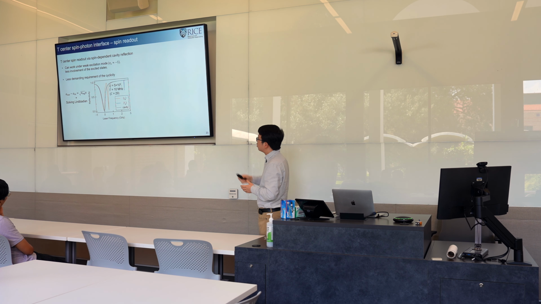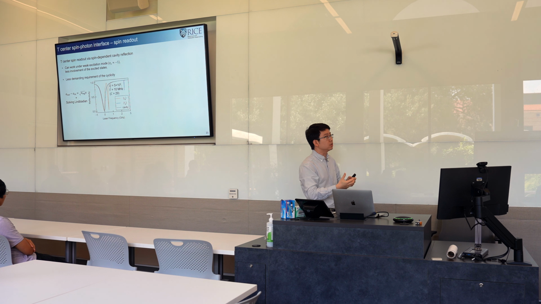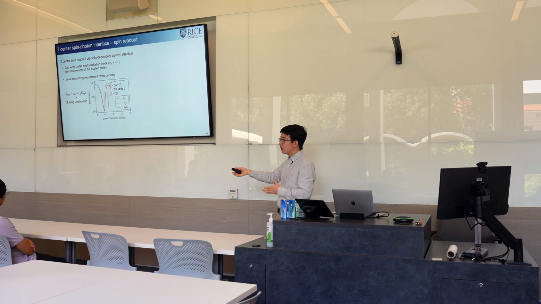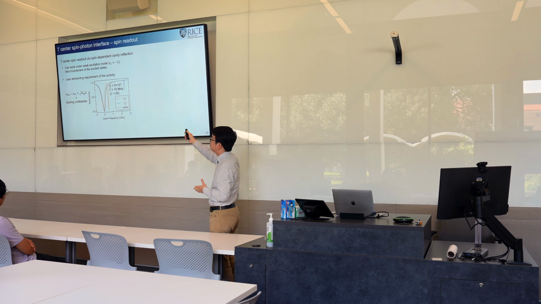If there's no T-center inside the cavity and you measure the cavity reflection, you will see the black dashed line, a typical Lorentzian shape of your cavity. But if the T-center spin is inside and strongly interacting with the cavity mode, then depending on what spin state the T-center is in, you will see these extra dips in the orange and blue.